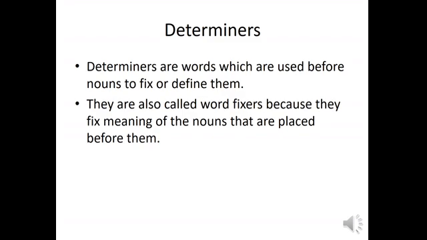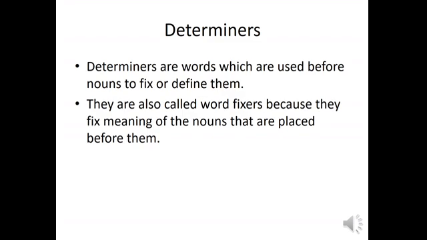So what is it that it fixes? Here we'll understand why they are called word fixers. It is used before the noun, and we'll understand as we see the slides: how many types of determiners there are and what their functions are. Right now, what we have understood is that determiners are the words which are used before a noun to fix or define them.